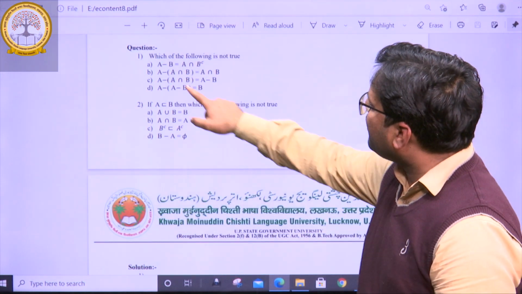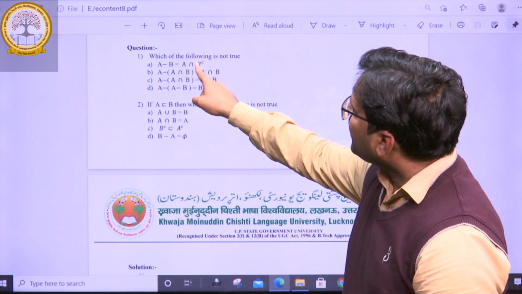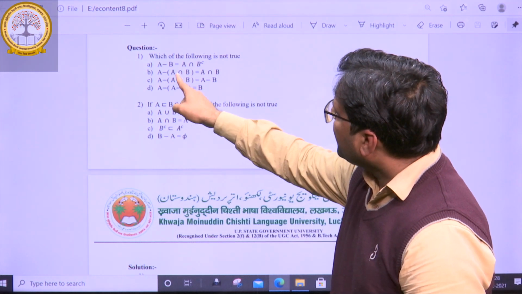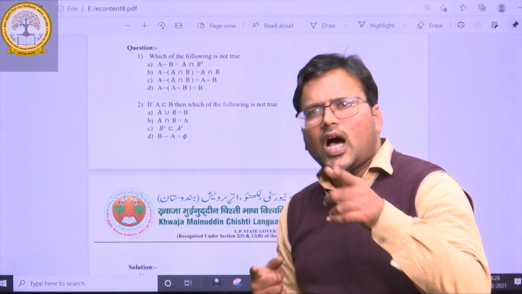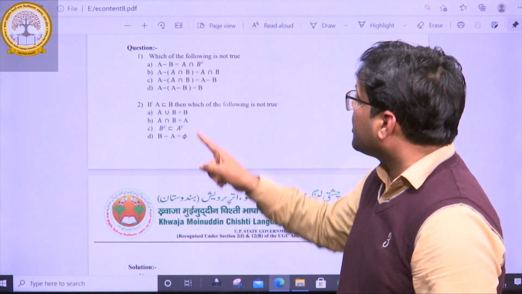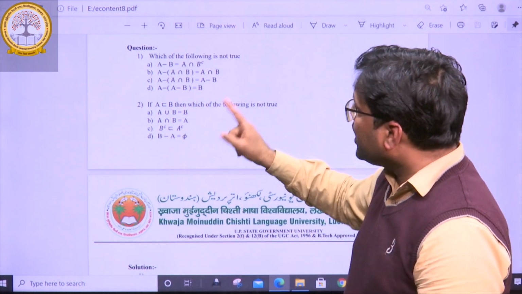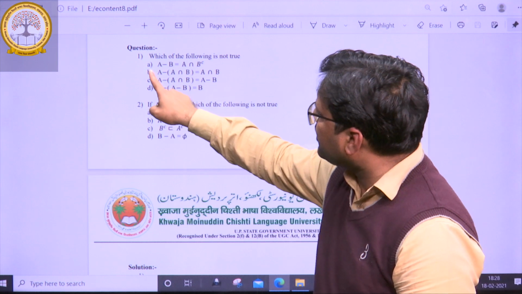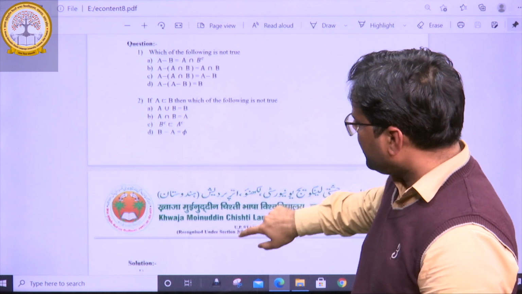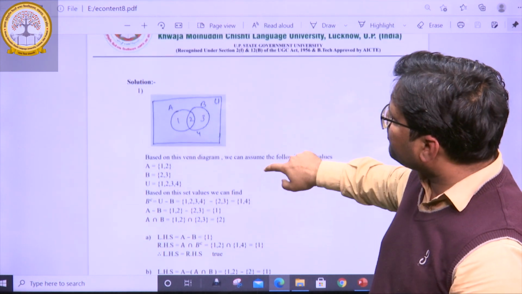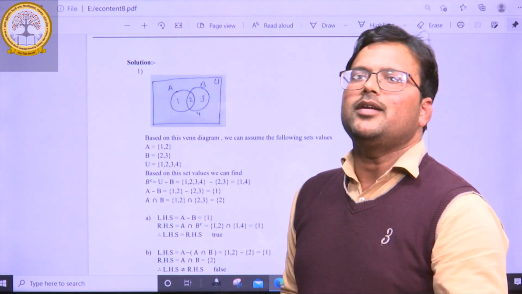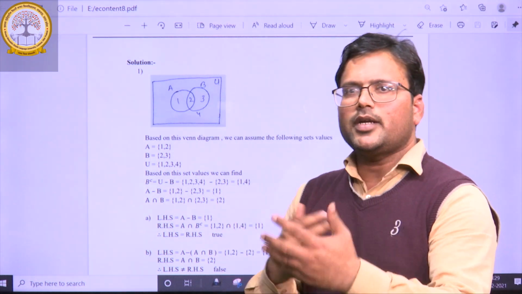In our question we have A minus B, B complement, A intersection B complement, and A intersection B. So we will try to find all those operations, that is the value of A intersection B, and then the value of A minus A intersection B. Individually we will try to prove all four parts, that is part A, part B, part C, part D. The important thing is to find the individual elements, that is set A, set B, and the universal set.